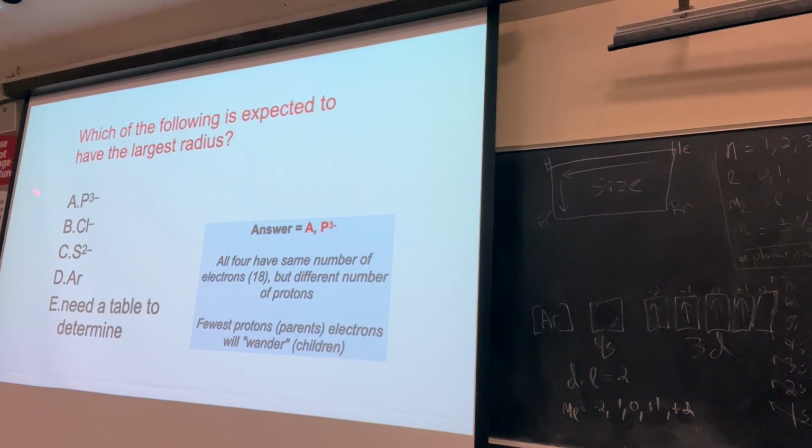So phosphide has the fewest number of protons here. We're basically going 15, 16, 17, 18. And all of these have 18 electrons. So phosphorus has the most child electrons relative to proton parents. It tends to be bigger. The electrons tend to get away from it.